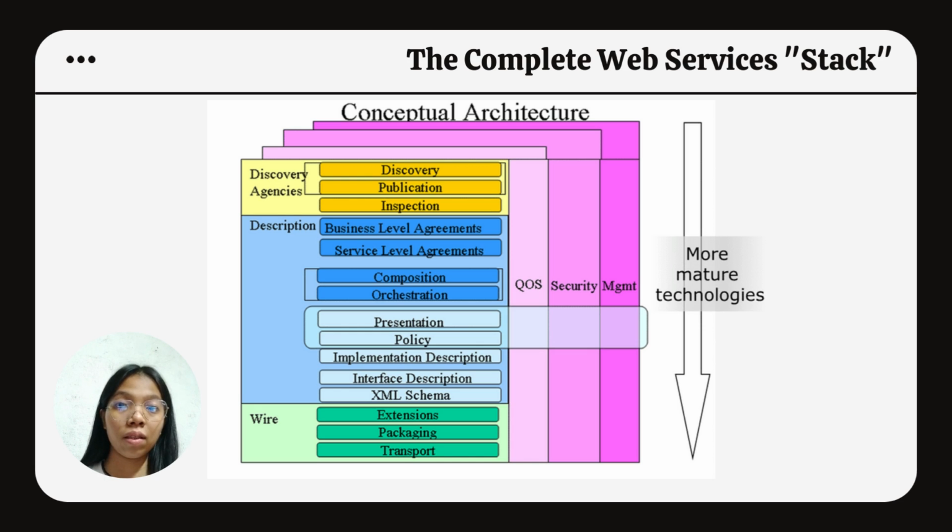The discovery agencies contain the yellow stack, which is discovery, publication, and inspection. The description contains business level agreements up to XML schema, as well as the wire, wherein the green part contains the extension, packaging, and transport. For further discussion, each part will be tackled by the next reporter.